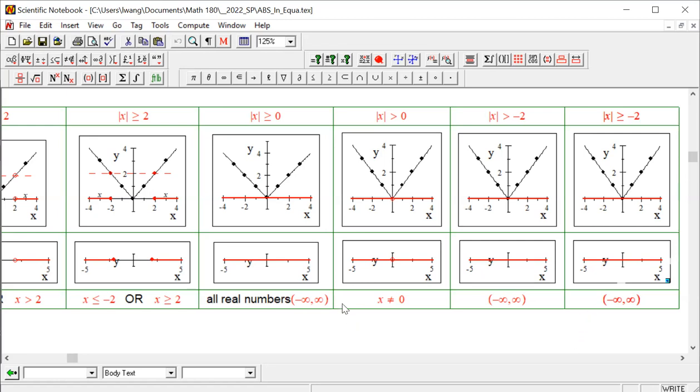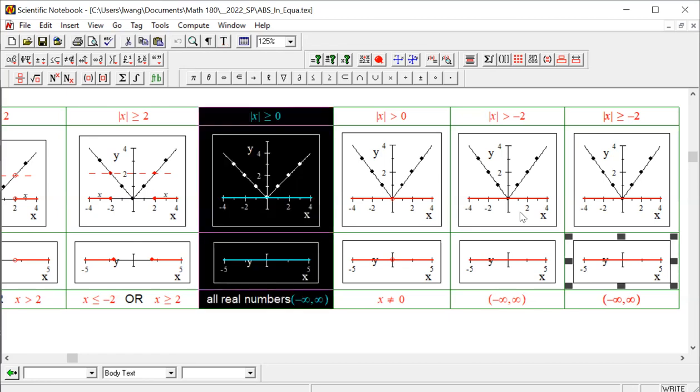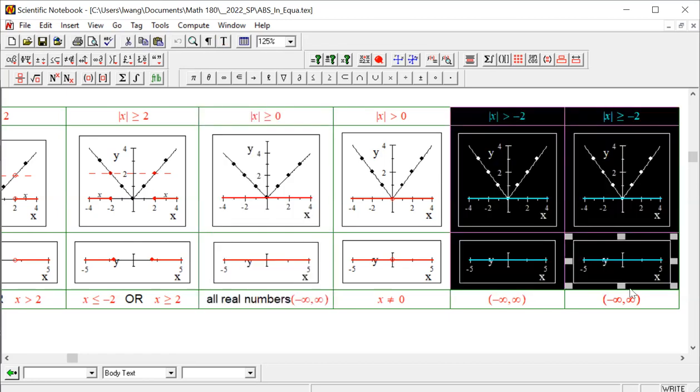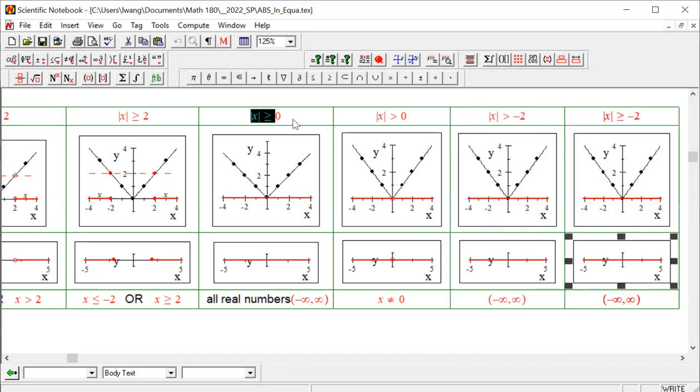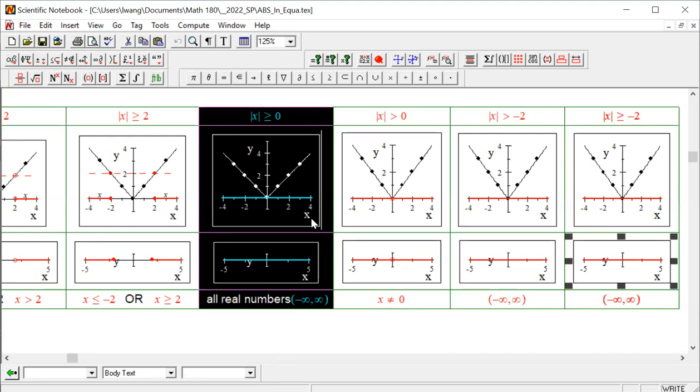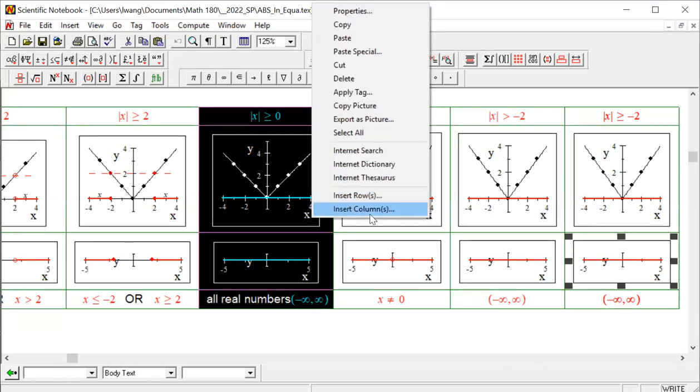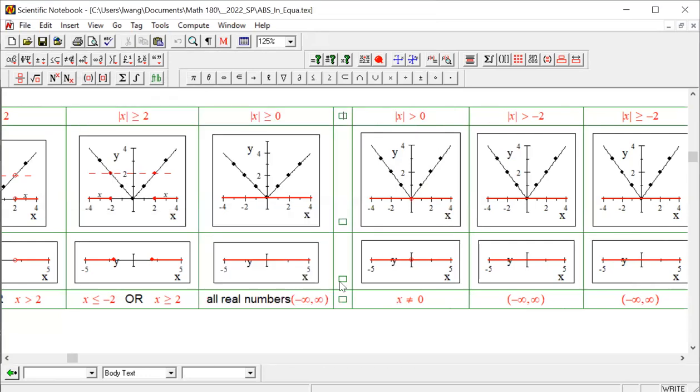Okay, and you can see this case and these two cases are the same thing. So maybe we can separate these two. We can just switch these two, okay? So that's what I'm going to do. I'm going to insert a column, right?